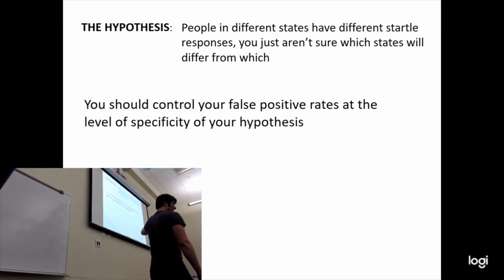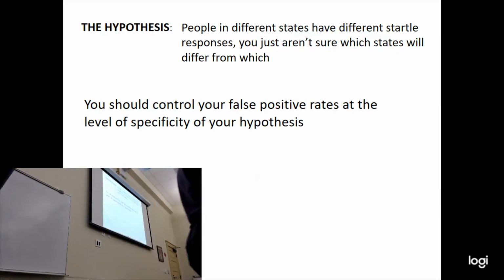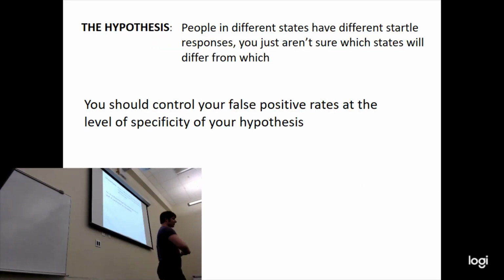So this is my assertion. This is my argument. I just want to own that and say where it's coming from. I think you should control your error rate at a level that corresponds to how specific your hypothesis is.